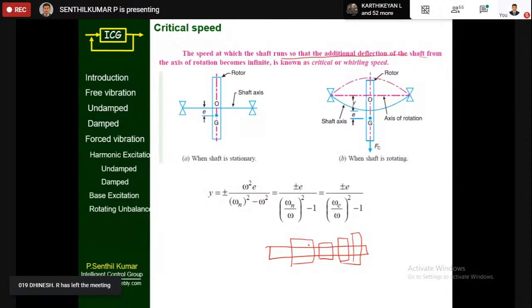Because when the shaft rotates, it deforms like this. At one point it will cut into pieces. That corresponding speed is called critical speed. So what is critical speed? It is a speed about which abnormal vibration takes place. What happens at abnormal vibration? The shaft cuts into pieces. Sometimes 2 pieces, 3 pieces, 4 pieces.